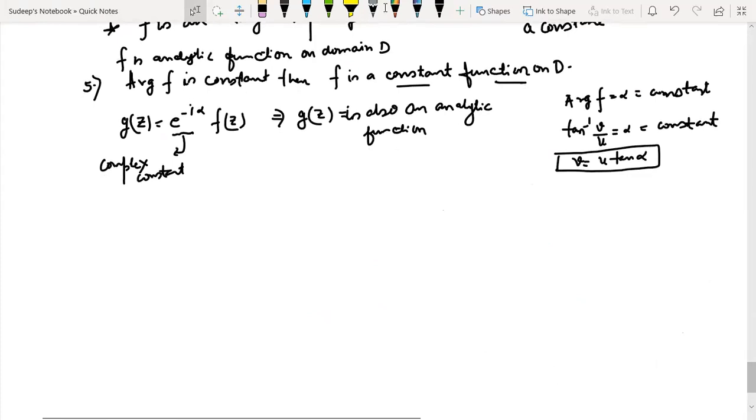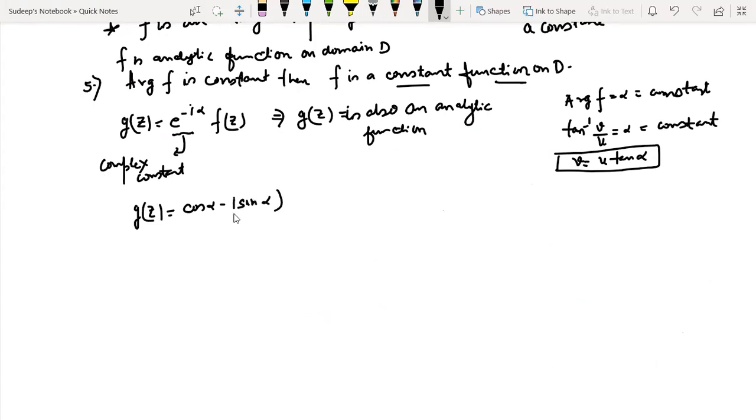So what are we getting now? What is g(z)? Just expand it. So g(z) is simply (cos alpha minus iota sin alpha) times (u plus iota v). So what do you get from here?